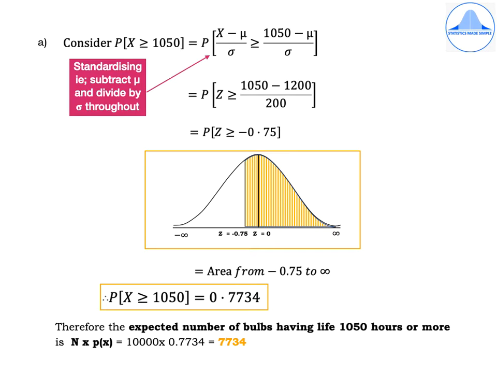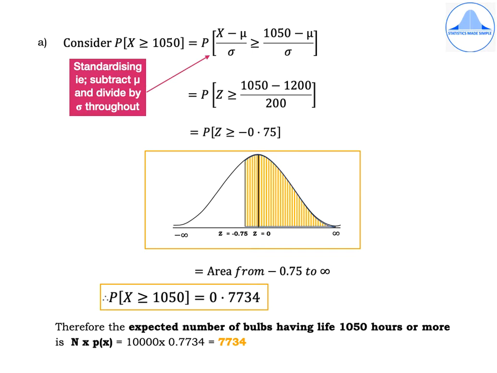That means 1050 or more, which is equal to, now because this expression is in terms of X, we need to convert it into Z and we have to standardize. That means subtract mu and divide by sigma throughout. So you'll get probability of (x minus mu) by sigma is greater than or equal to (1050 minus mu) by sigma.